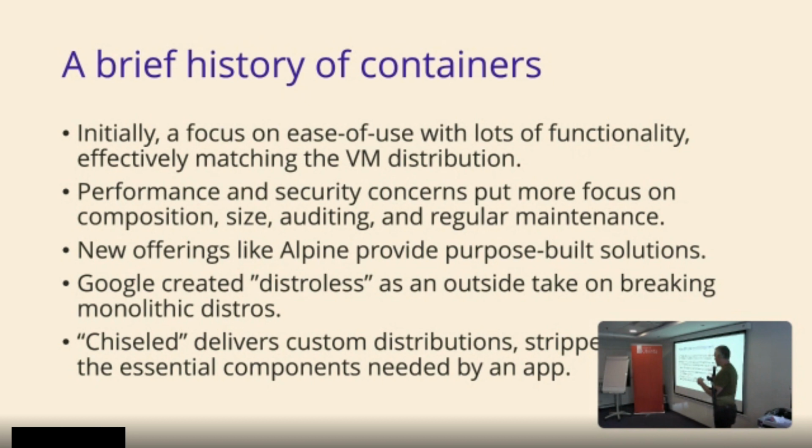Around that same time, Google created distroless, which was very much an outsider take on how to create container images, not built into Ubuntu or Debian or anything like that. They used their Bazel tools to do that, and it didn't really take off because it was this very Google thing, and if you had problems, you probably didn't have anyone to help you. I think that was a huge problem.